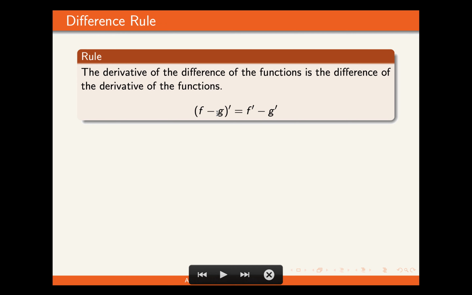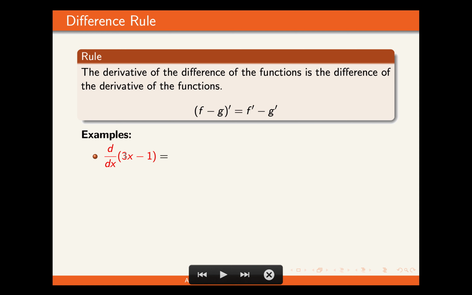So let's see one example. Our goal is to find the derivative of 3x minus 1. So we have two functions here, function f, let's say that is 3x, function g is 1, and the new function which is the difference between them is 3x minus 1, and our goal is to find the derivative of that.